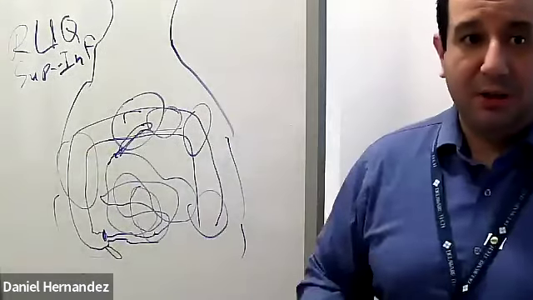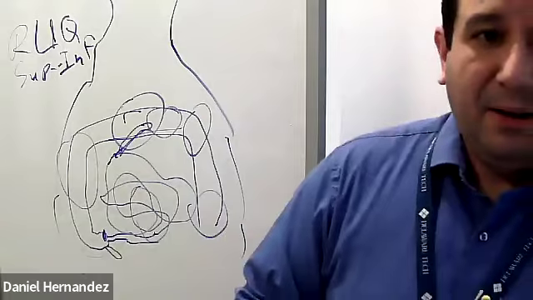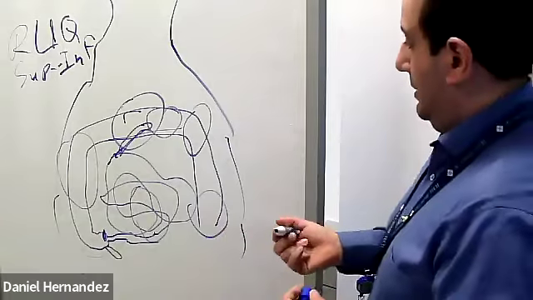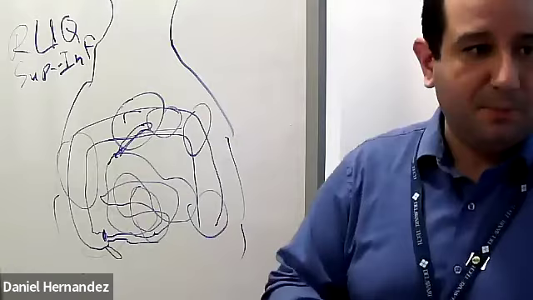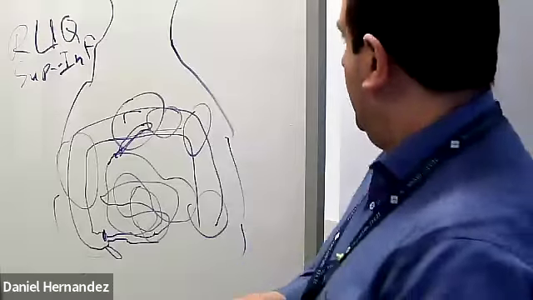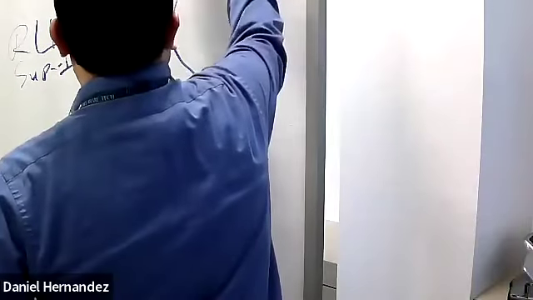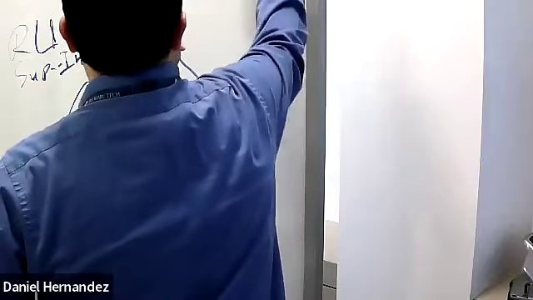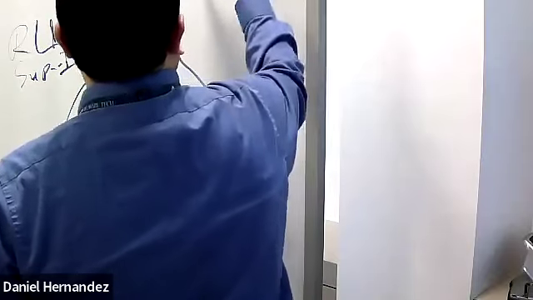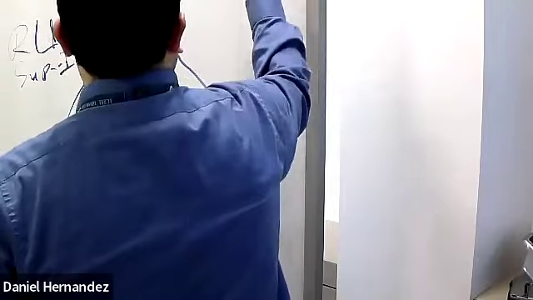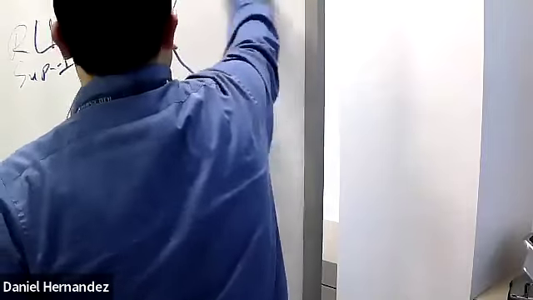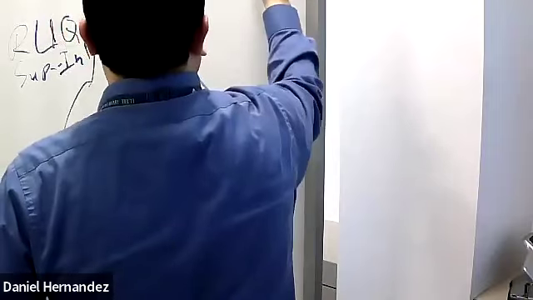These intussusceptions are actually two types: large bowel intussusceptions and small bowel intussusceptions. For large bowel, they are going to be greater than 3 centimeters in diameter.